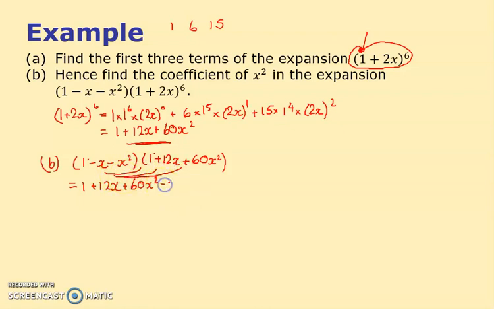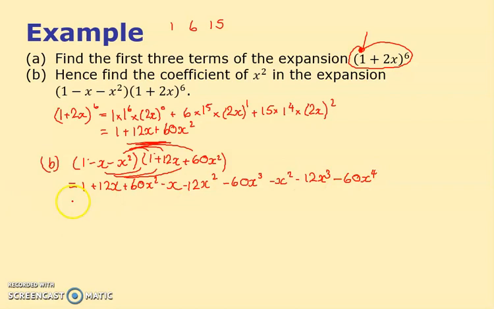And that will give me minus x minus 12x squared minus 60x to the 4. X cubed, sorry. Yeah, I made a mistake there. Yeah, everything else is right. And then lastly I'll do my minus x squared times those. And that will give me minus x squared minus 12x cubed minus 60x to the 4.